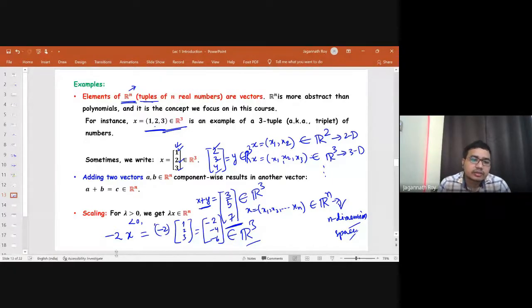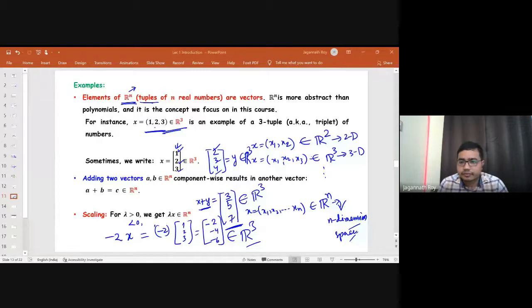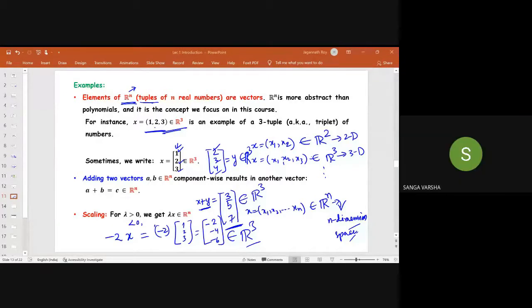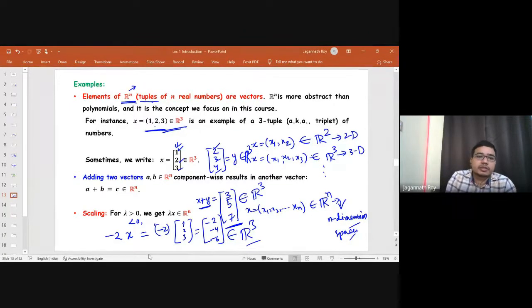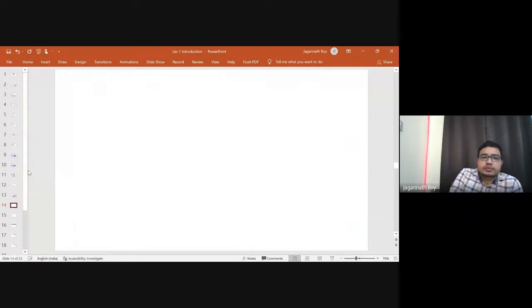Anyone? For different dimensions, we can't add the vectors. Yes. So different dimensions. I was going to mention. Suppose you have x equals to a two-dimensional vector 1, 2.